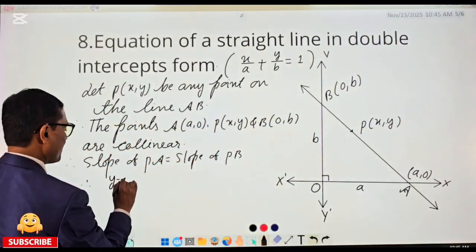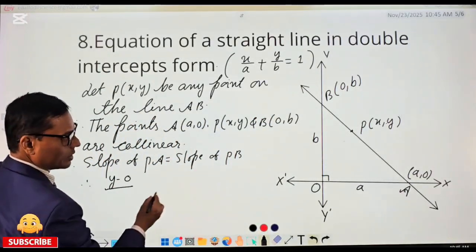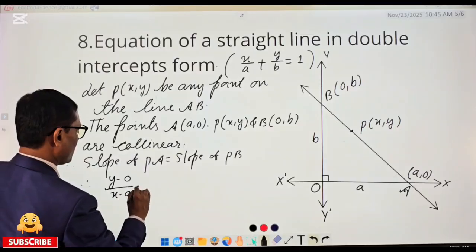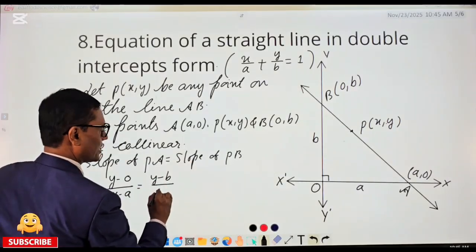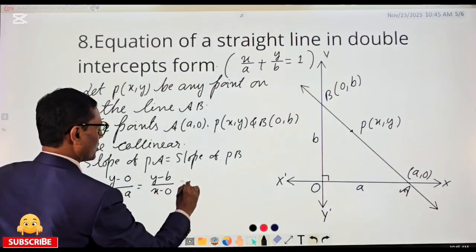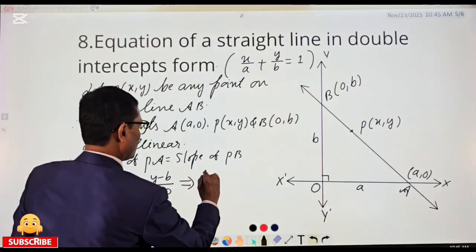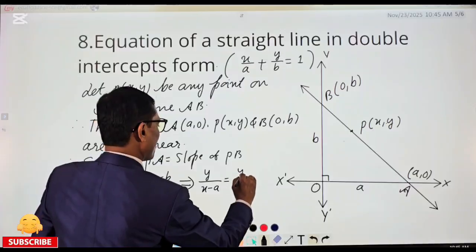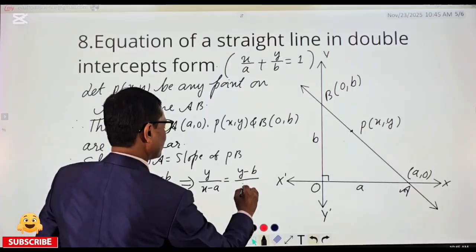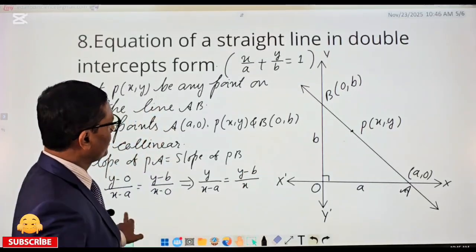Therefore, y minus 0 over x minus a equals y minus b over x minus 0. And from this we can understand y over x minus a equals y minus b by x. So we can write, yes, okay.